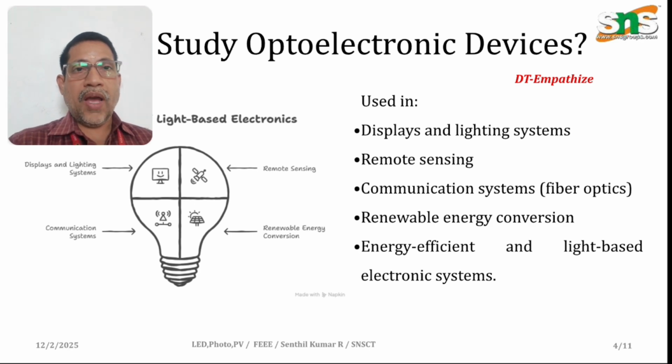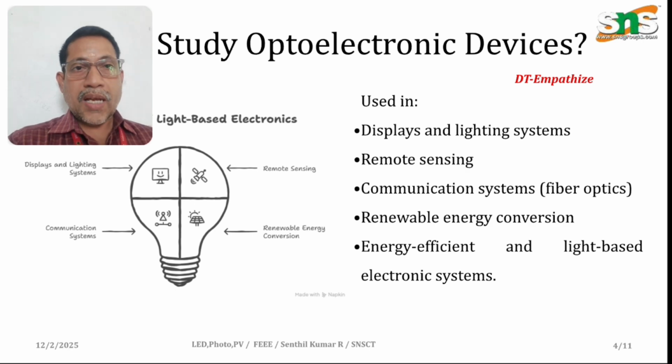Again, you have a TV remote, where infrared rays are passed from the remote. What is the sensing device in the TV? The sensing device may be a photodiode or an LDR, and it may change depending on the manufacturer.